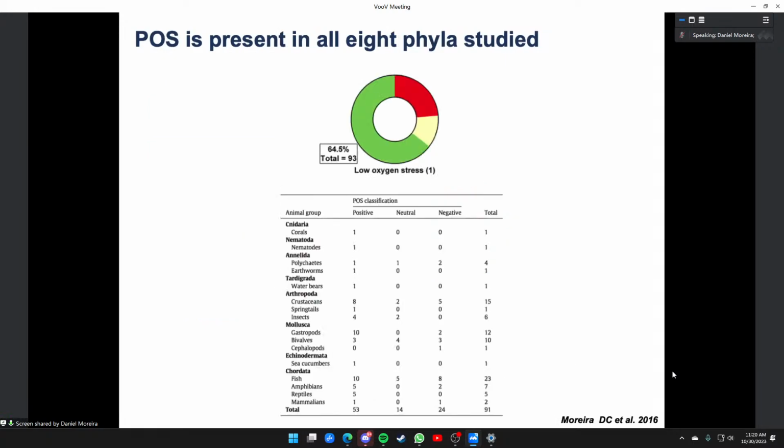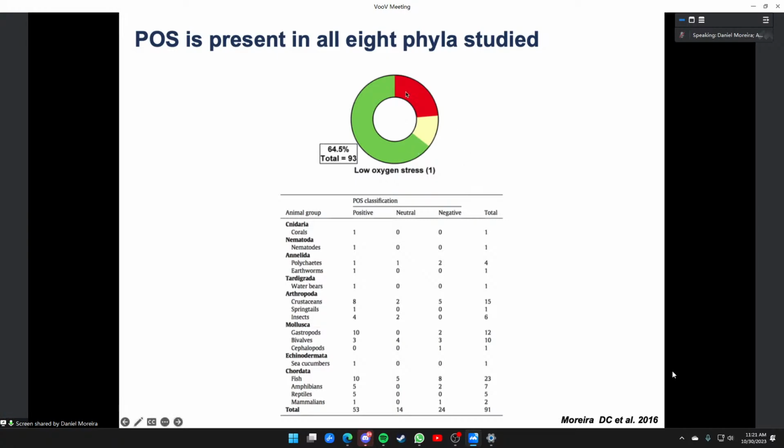What we found is that overall, preparation for oxidative stress is widespread in the animal kingdom, with at least one species in all 8 phyla that had been studied at that time upregulating antioxidants in response to low oxygen stress.